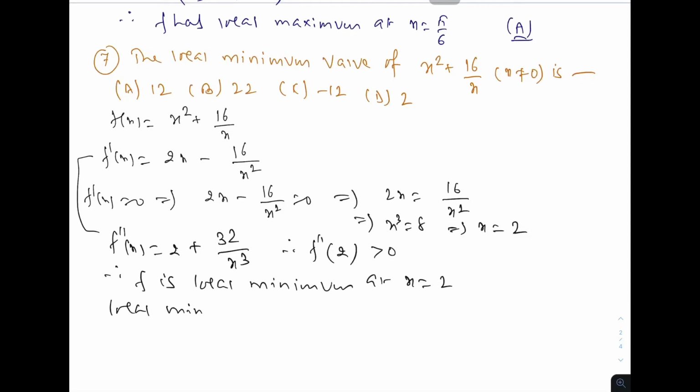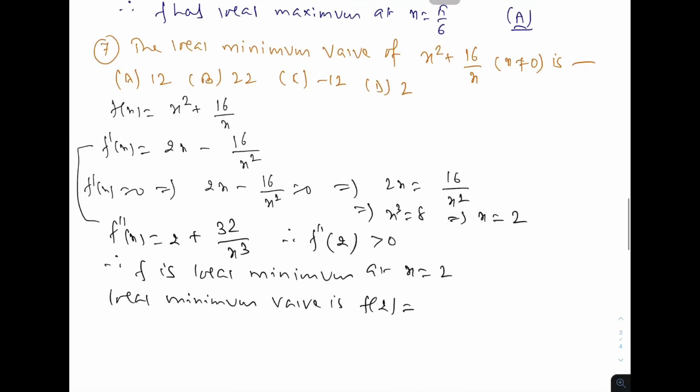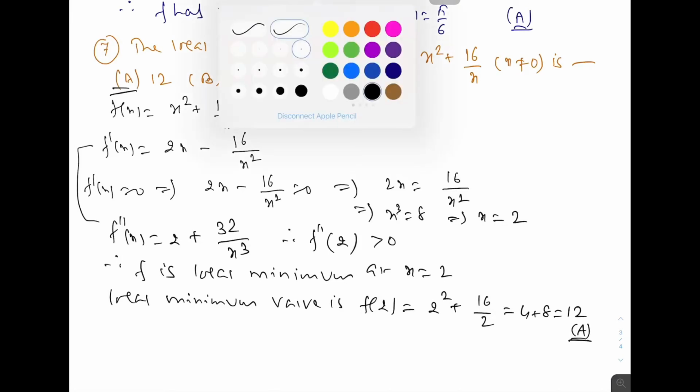Local minimum value is f of 2, and so it is 2 square plus 16 by 2, so it is 4 plus 8, and so that is nothing but 12. So option A is the answer. Okay, let us take the next example.